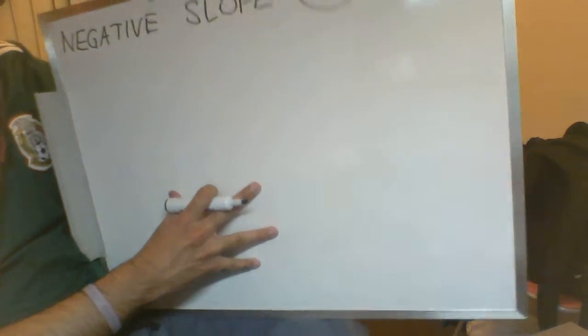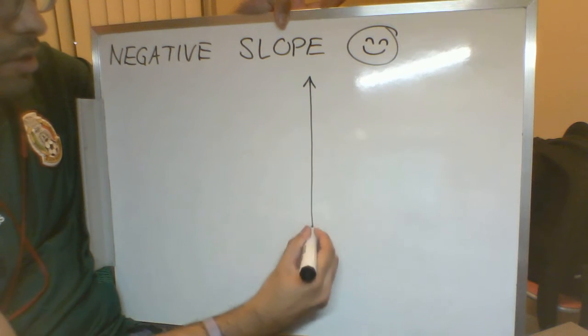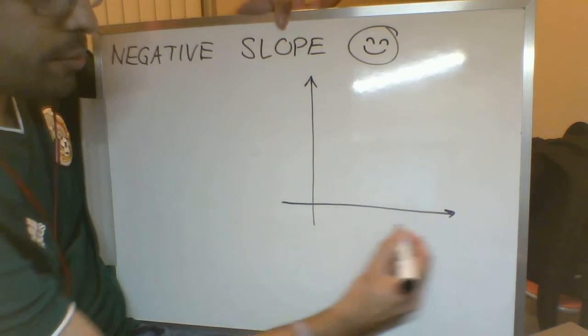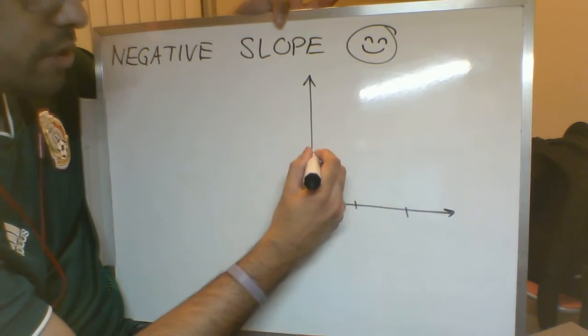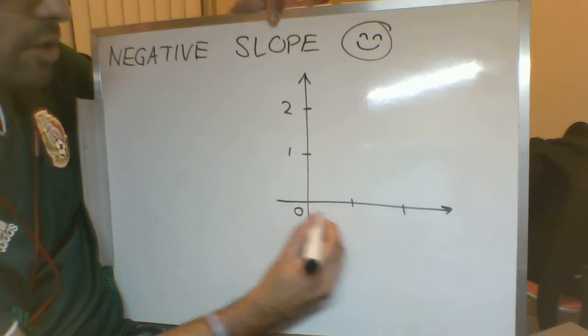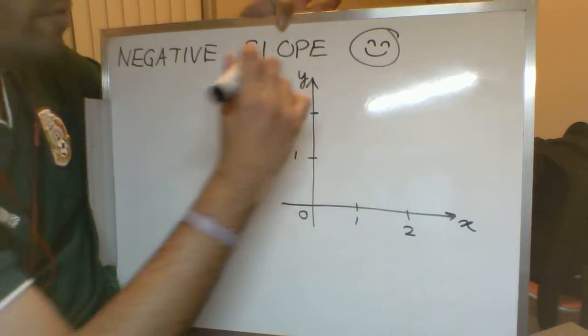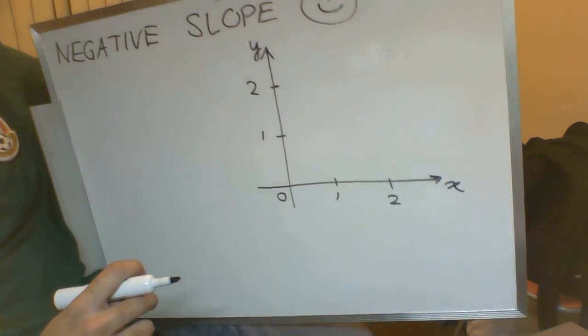So let me draw out a little thing like this, and we'll just draw a couple of tick marks in each direction because we don't need a lot to get this point across. So we'll label our axes like so. If you can just draw out a couple of things like that, that should be enough.